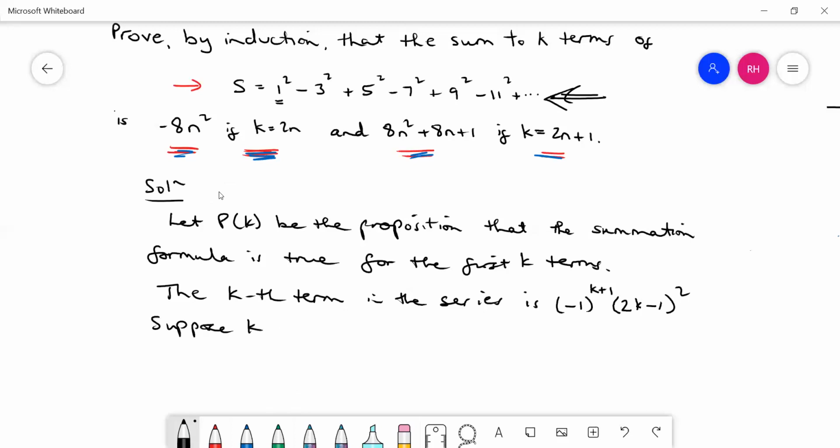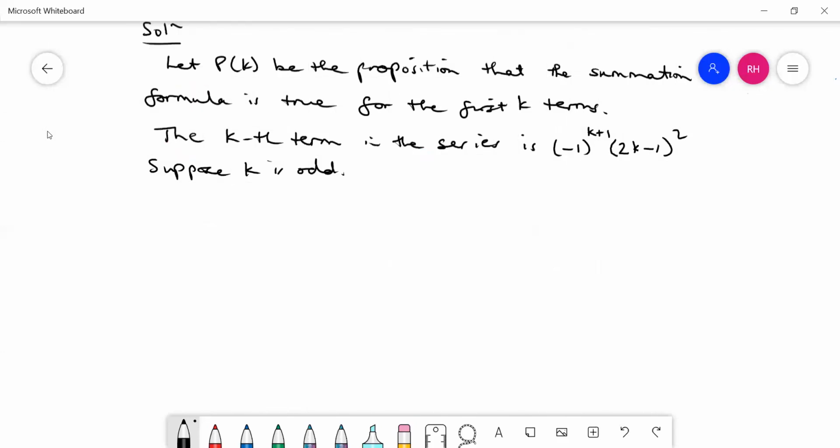Okay, so now I'm going to do the odd case. Suppose K is odd. So what does that mean? K equals 2n plus 1 for some integer n. So here you can see the problem that I hinted at before. K equals 2n plus 1 for some integer, which is the normal way you would write an odd integer.